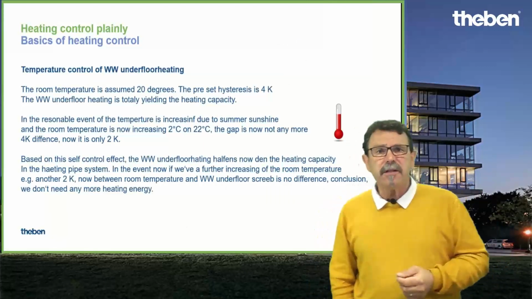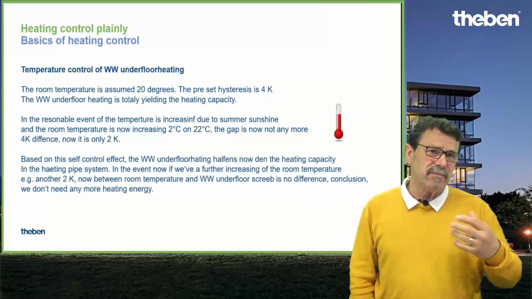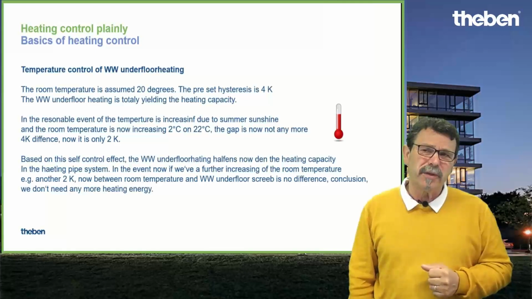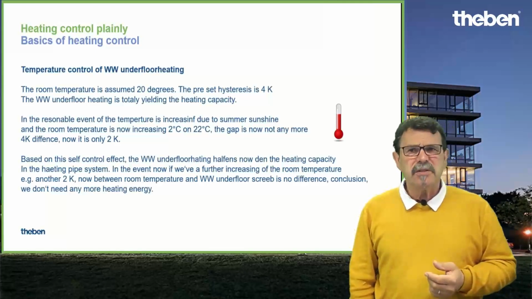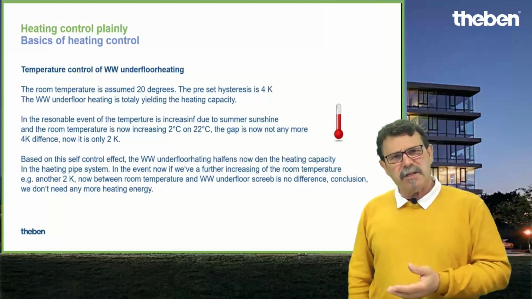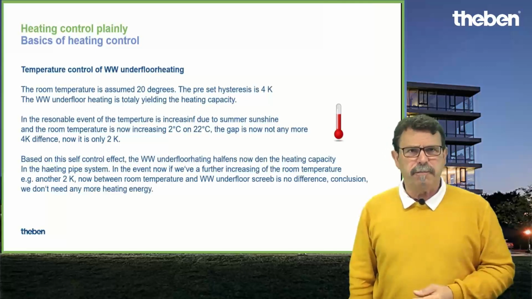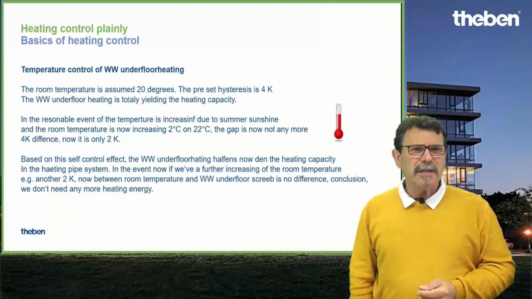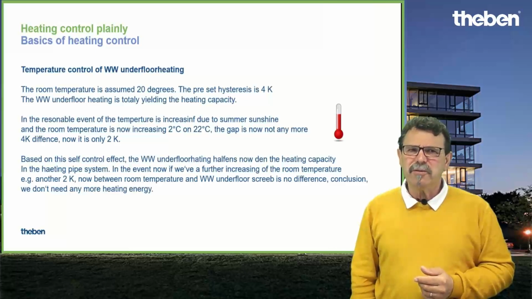Myself and my staff on the telephone hotline pretty often get the question: can you give me a recommendation? If I have underfloor warm water heating, does it make sense to reduce the temperature during the nighttime, for instance, in order to save energy? Out of experience, I would say, if you do so, 1 or 2 degrees down, that's it, not more.